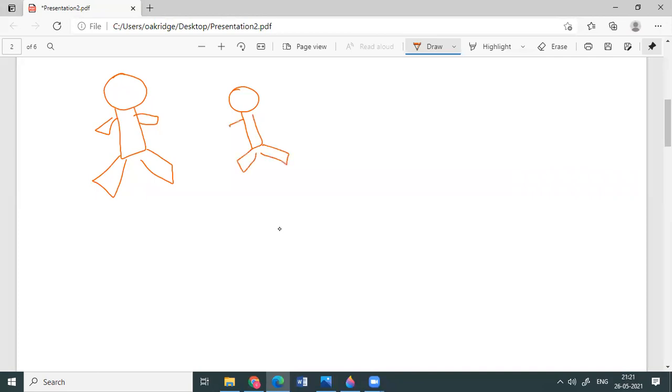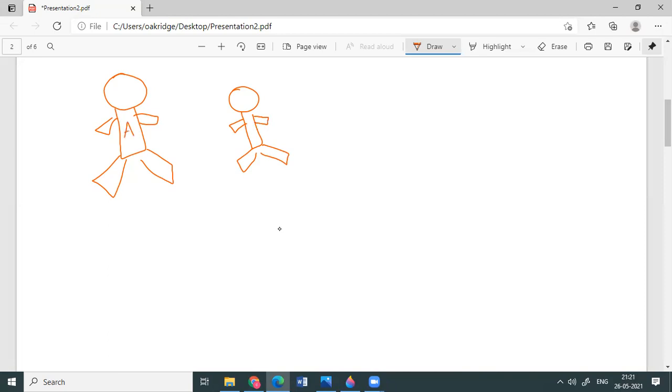Now I'm going to demonstrate how a displacement reaction is taking place. Let me take the example of a boy A and a boy B. Here I have drawn the picture of the two boys, and if you can clearly note, there's some difference between the two, right?